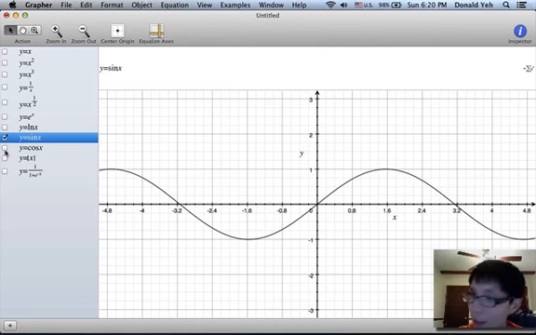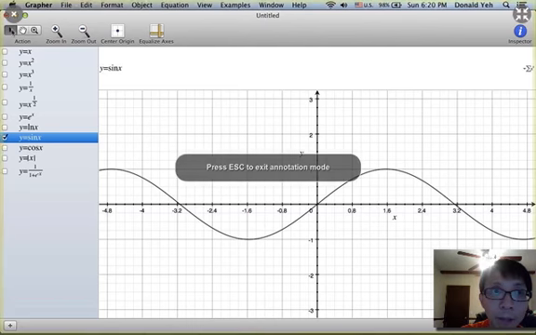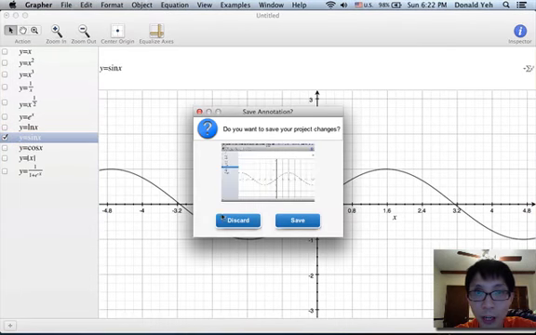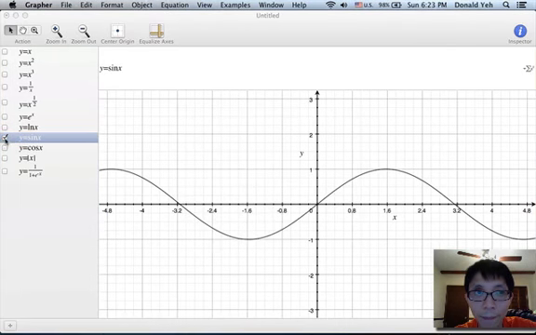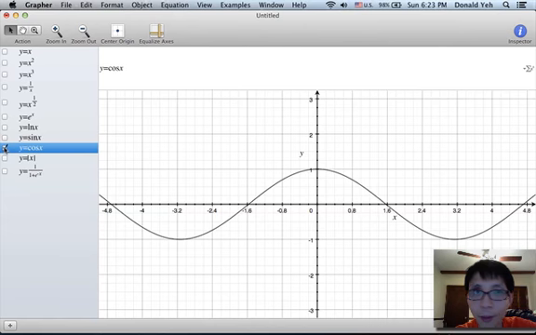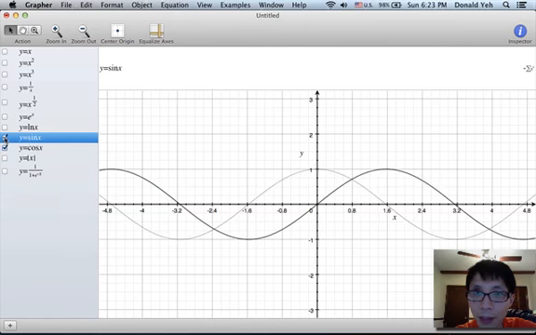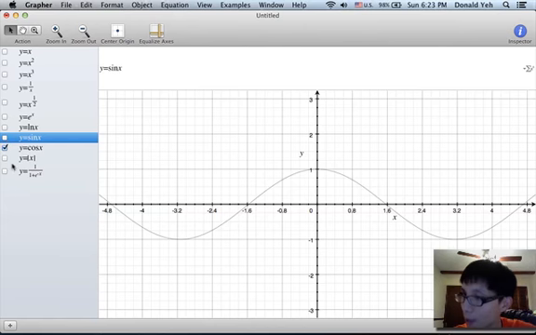Now let's look at the next one, cosine of x. And this one's kind of tricky. It doesn't start at 0, but it starts at 1. So this one's cosine of x, this one is sine of x. See how they're different from each other? Cosine of x actually starts at 1.